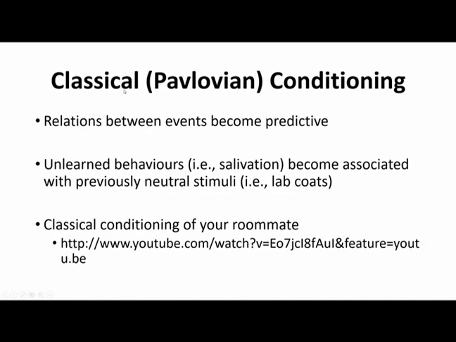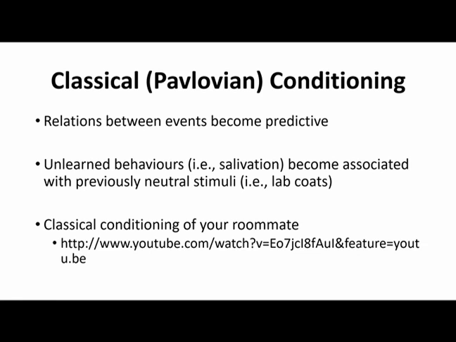For classical, sometimes called Pavlovian conditioning, we're looking at relations between events that help us learn something about those events. So it's event-event learning, where the presentation of a previously neutral stimulus, something like a bell, becomes associated with an unconditioned stimulus, something you have an automatic response to, like food.